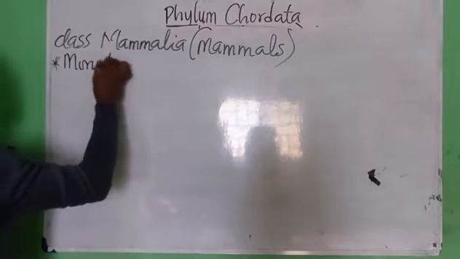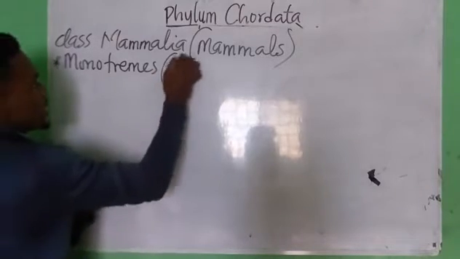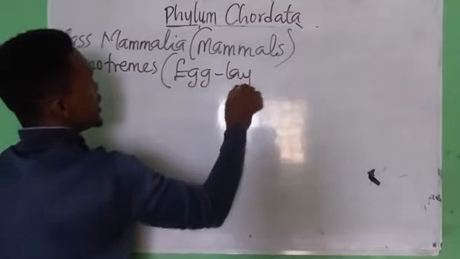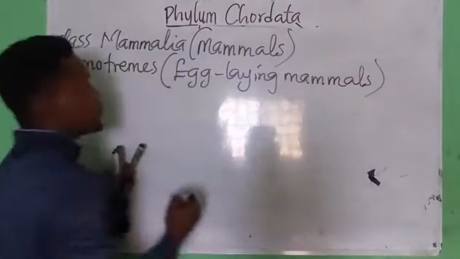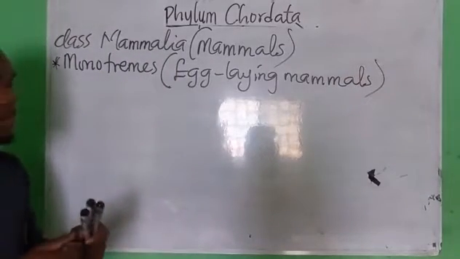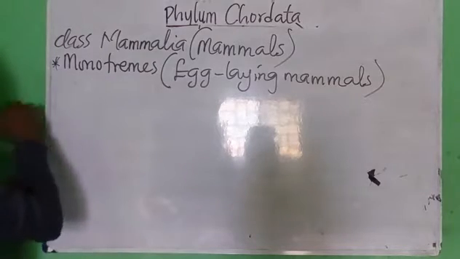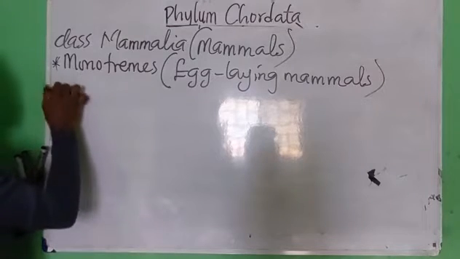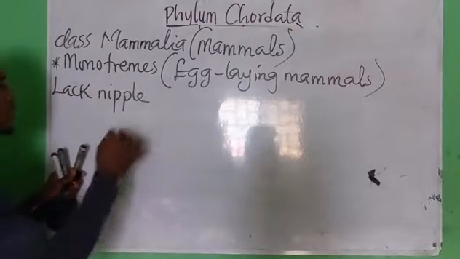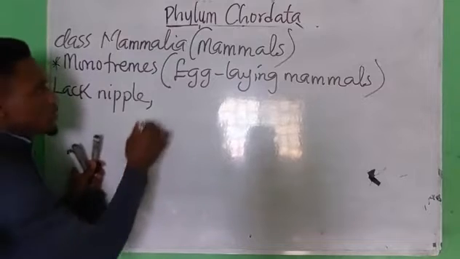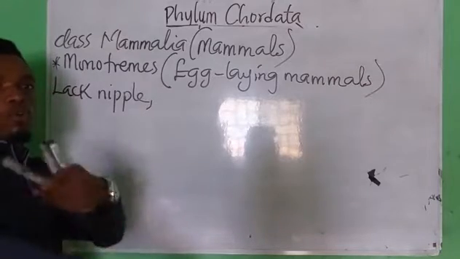We have the monotremes. The monotremes are actually called egg-laying mammals. They have the ability to produce eggs, which means that fertilization is mostly external. These monotremes also lack nipples, which means that as soon as milk is produced, it is passed from the points of production to their fur.